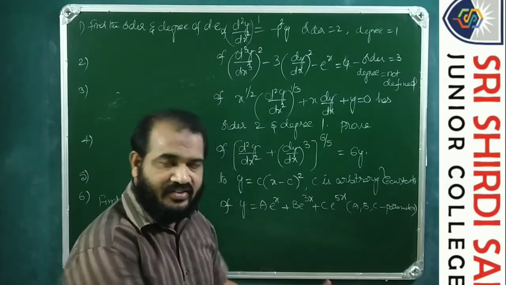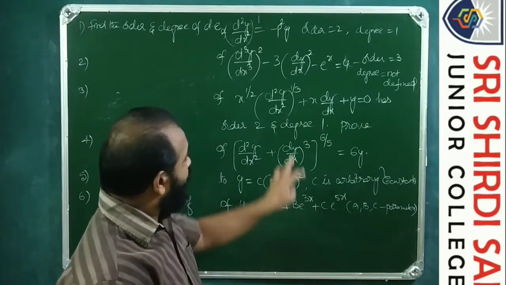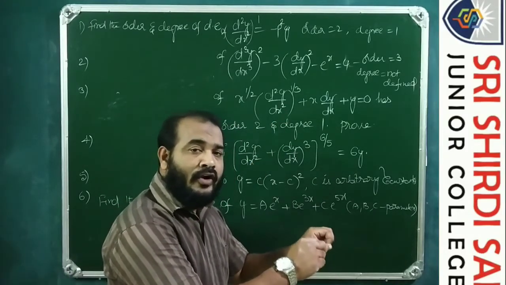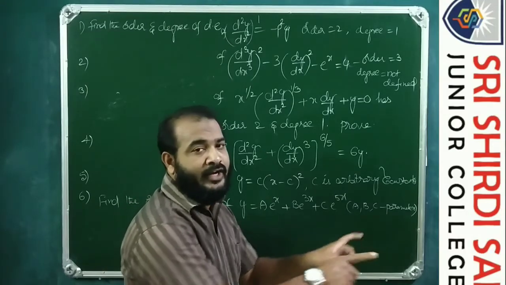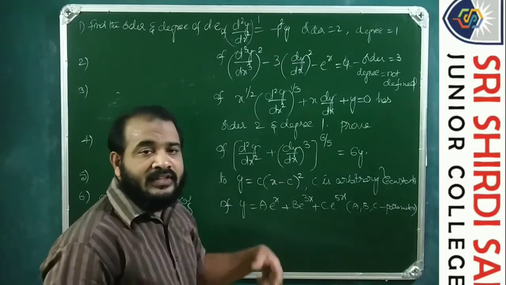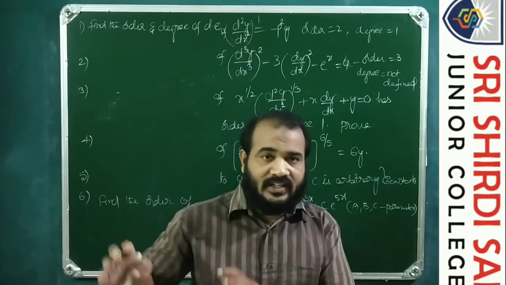But to tell the degree, it must first be a polynomial in the derivatives, that is dy by dx, d square y by dx square, d cube y by dx cube, etc.